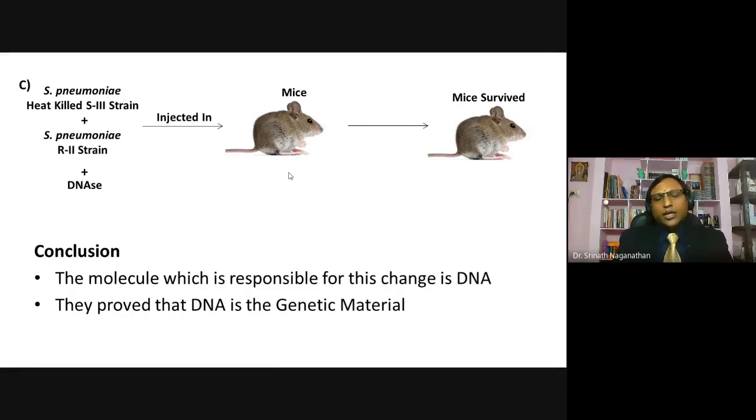So they concluded that the molecule responsible for this transformation is not protein, not RNA, it is only DNA. This proved that DNA is the genetic material which is getting transformed and making the R2 strain a live S3 strain.